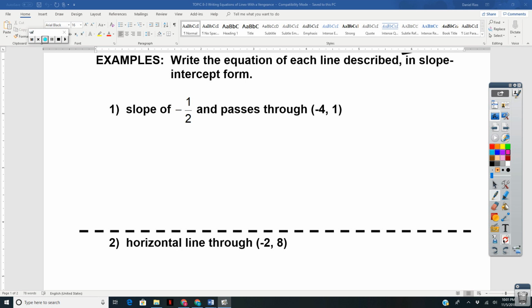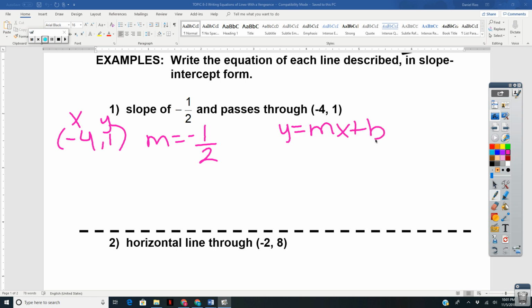You have a point of negative 4, 1, which you can label x, y, and then let me label it again. You have the m of negative 1/2. Okay, you're going to use your formula y equals mx plus b, and you already know that y is 1, m is negative 1/2, and x is negative 4.